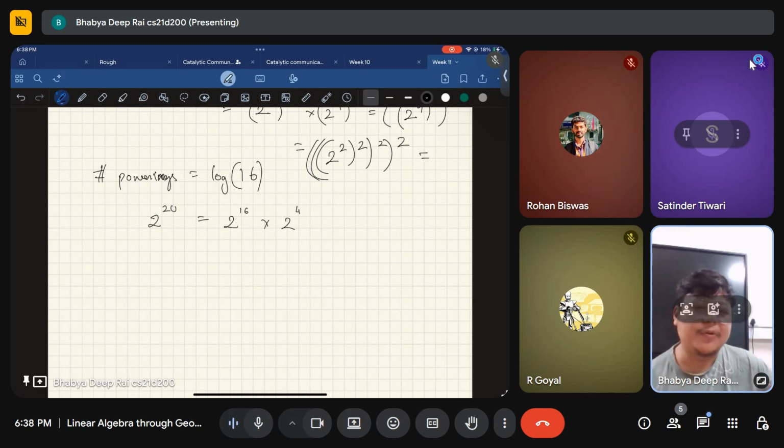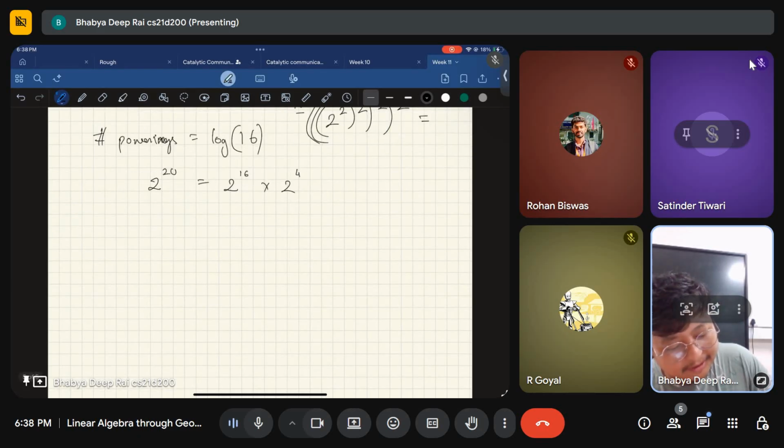Okay, and you can keep doing this process. Now you have 2 to the 4 here, so you can do repeated squaring here, or you can directly multiply if it's small enough, and you'll do repeated squaring here.